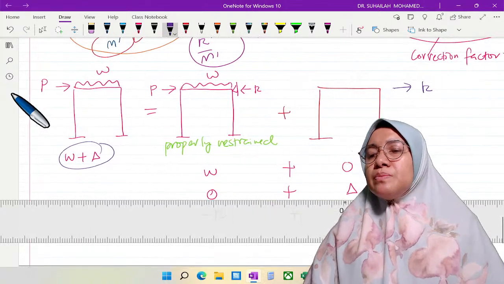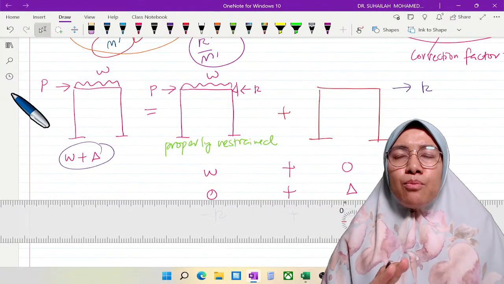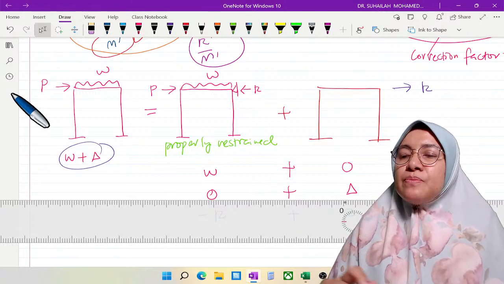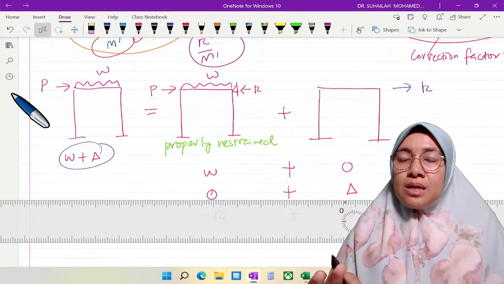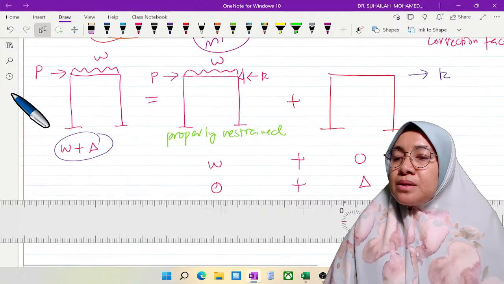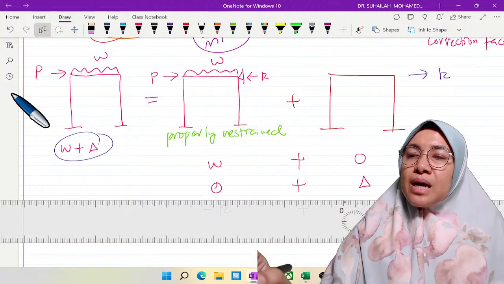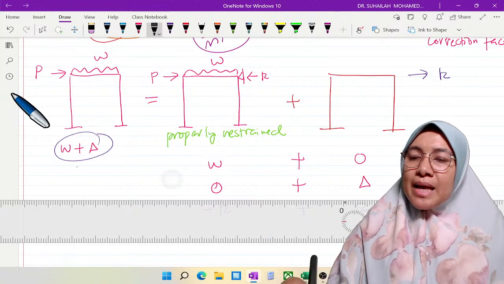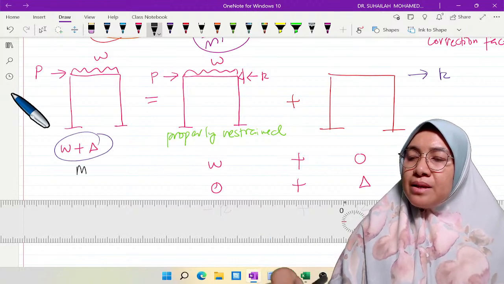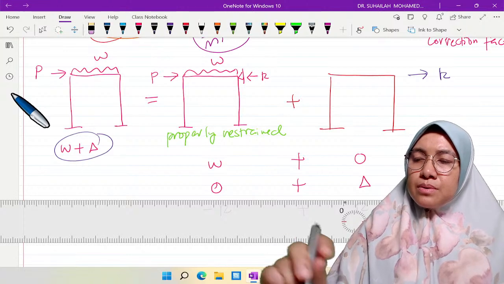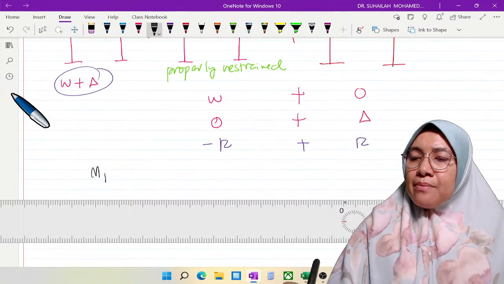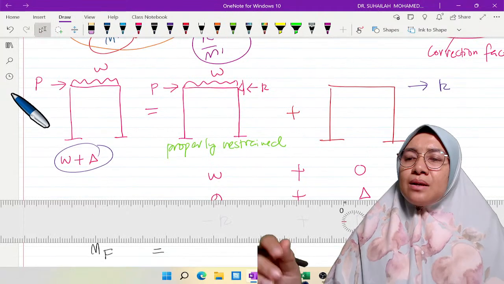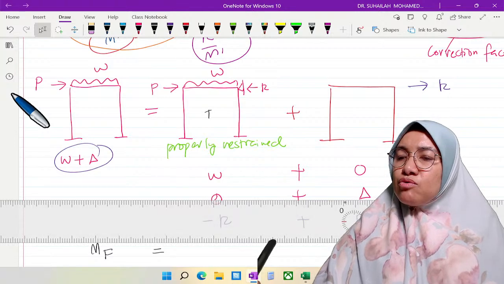So when we calculate the end moment for the main diagram, we have to have two tables. The idea is we want to calculate the end moment that we label as M final. M final is equal to, let's say table 1 is this table number 1.